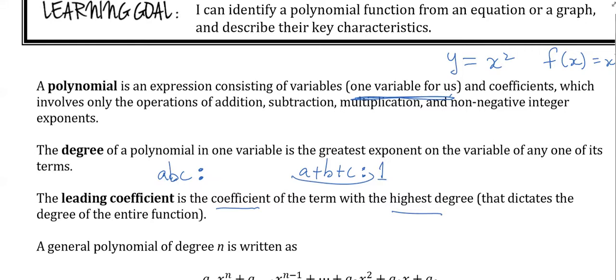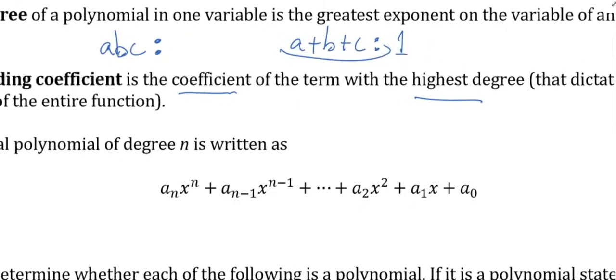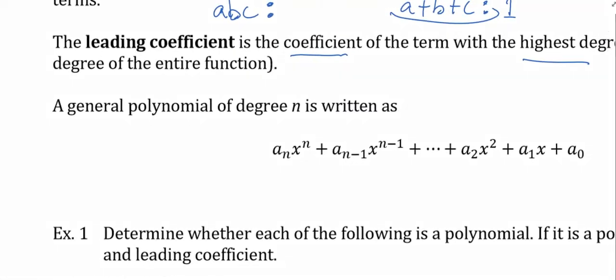Okay? This isn't super important, but just generally, a polynomial would be written like this. So this is what a polynomial will look like. It's degree n, so the biggest exponent is n, and we usually write that one first. It's nice when you do, because it can trick you if it's not written that way.